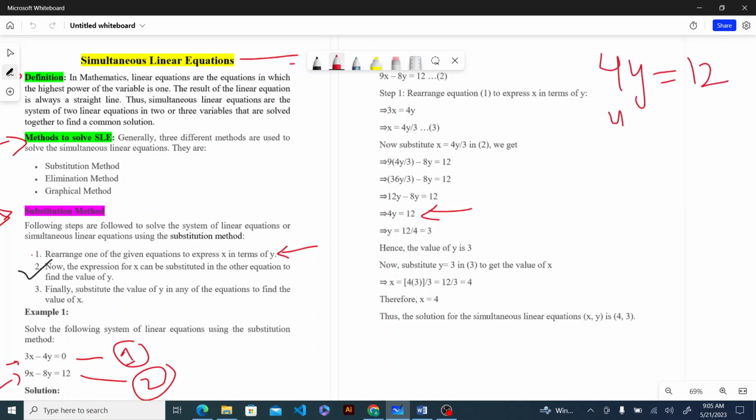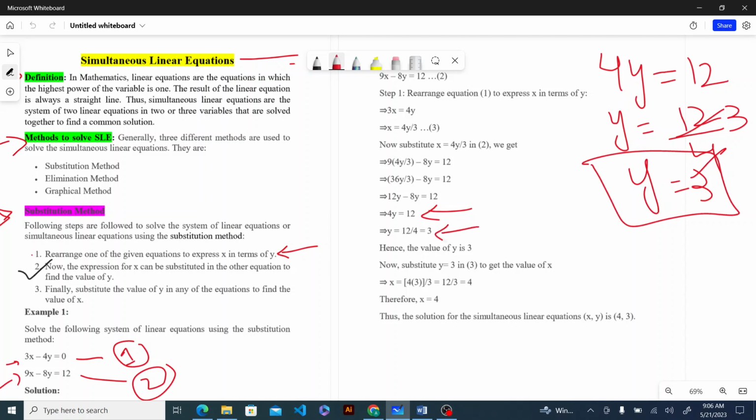So y will remain here, and we will divide 12 by 4, because here at the left side y is being multiplied by 4, but when we transfer the 4 to the right side, then 12 will be divided by 4. Okay, so 4 threes are 12, as you all know. So y will be equal to 3. So here we have found the value of y.